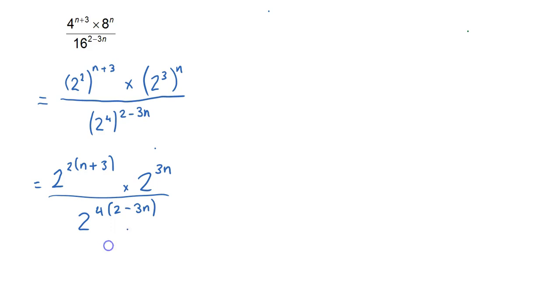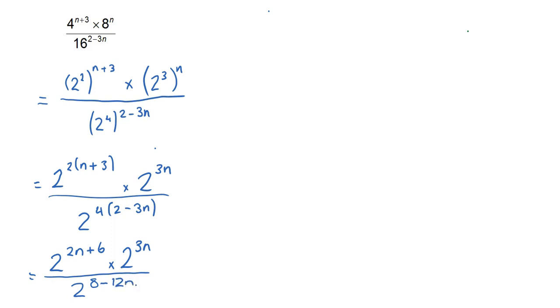Okay, so I'm going to distribute these brackets. So 2 to the power of 2n plus 6 times 2 to the power of 3n, over 2 to the power of 4 times 2 is 8 minus 12n.